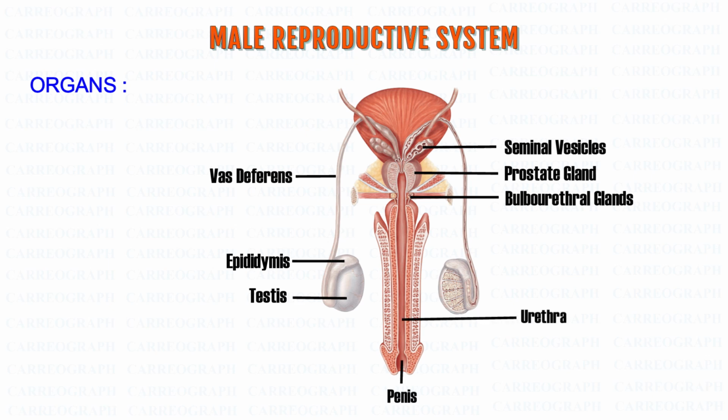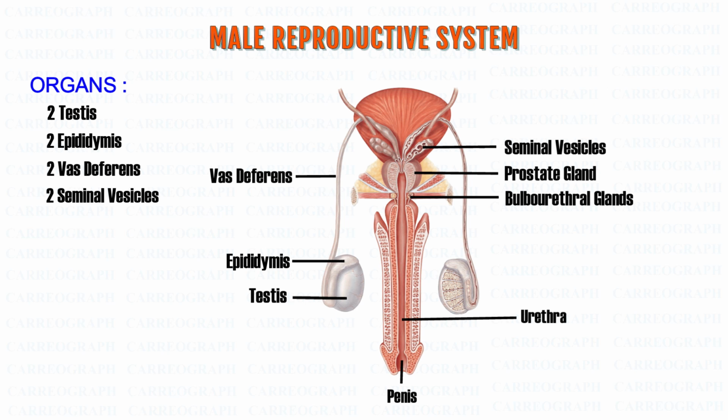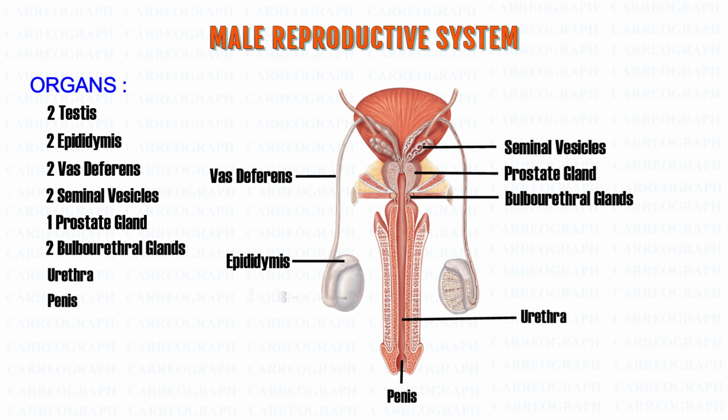So, in the male reproductive system, what are the organs involved? Two testes, two epididymis, two vas deferens, two seminal vesicles, one prostate gland, two bulbourethral glands, urethra and penis.